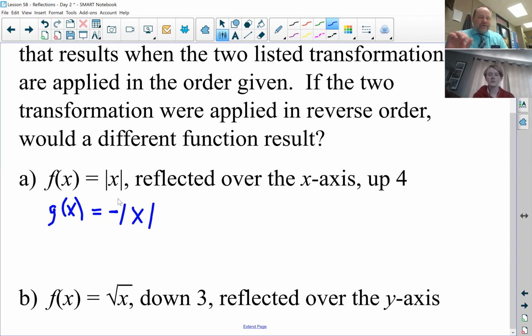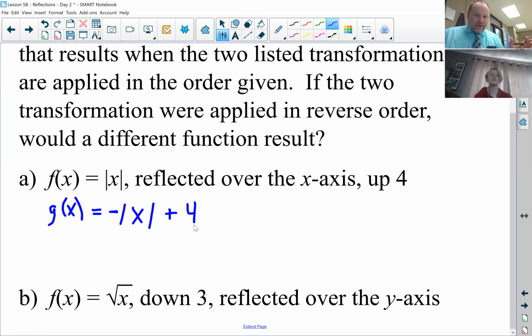That would be the absolute value of x reflected over the x-axis. Then we shift up 4 units. That's our new function.